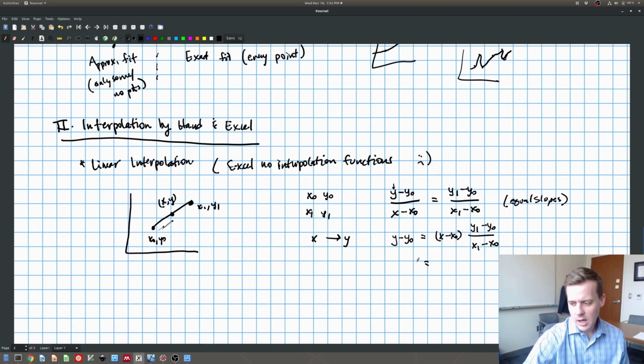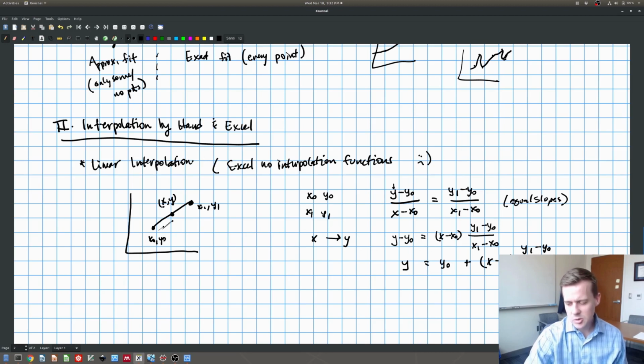Okay? And add y0 to the other side. So I have y is equal to y0 plus x minus x0 multiplied by this slope, y1 minus y0 divided by x1 minus x0.